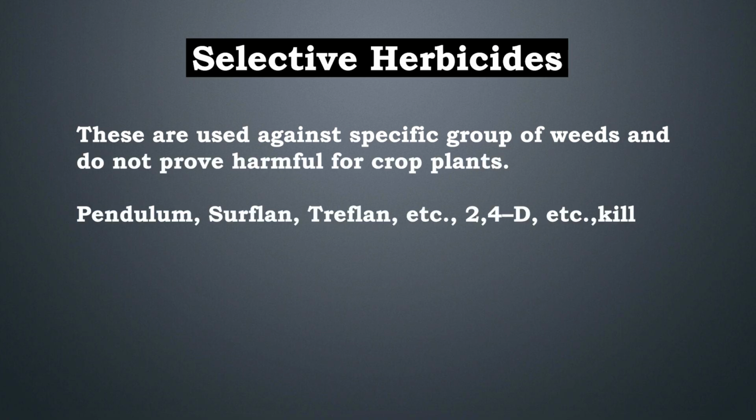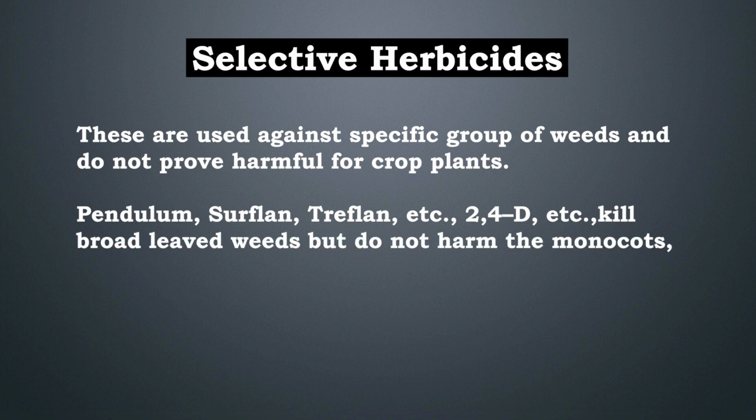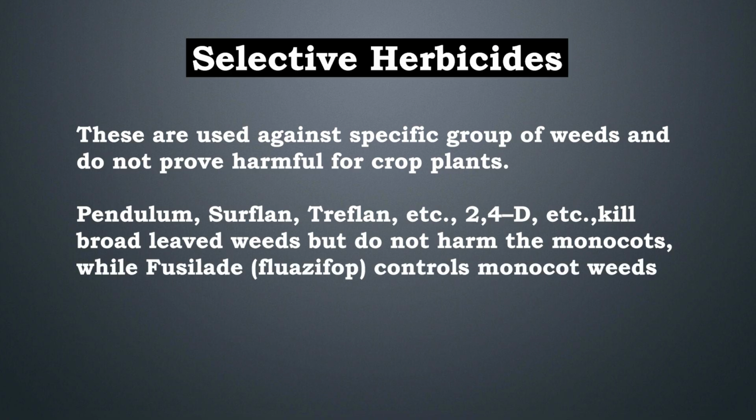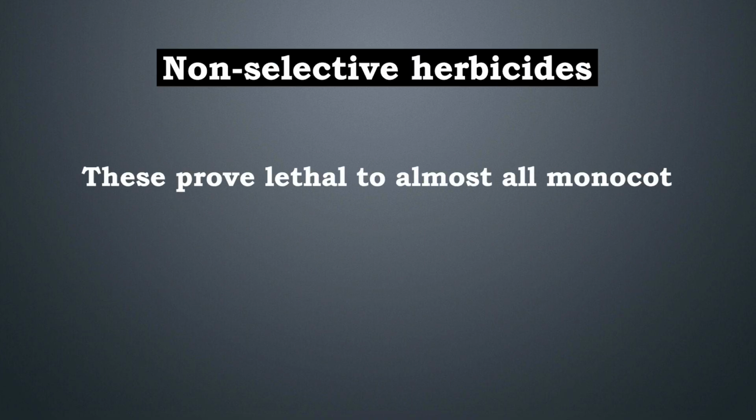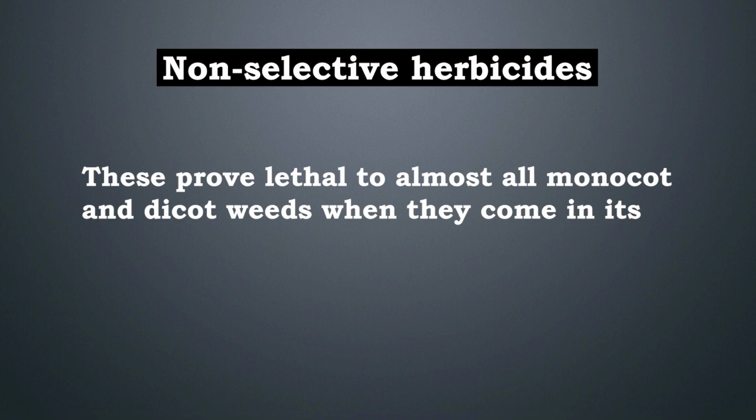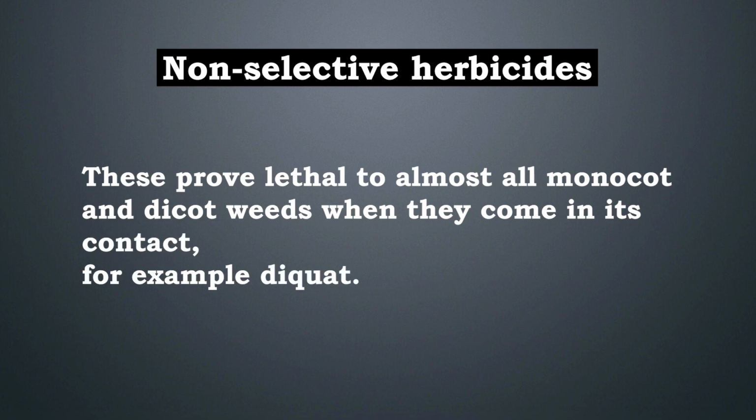Pendulum, Surflan, Treflan, etc. 2,4-D, etc. kill broad-leaved weeds but do not harm the monocots, while Fusilade controls monocot weeds and not the broad-leaved plants. Non-selective herbicides. These prove lethal to almost all monocot and dicot weeds when they come in contact, for example, Dicot.